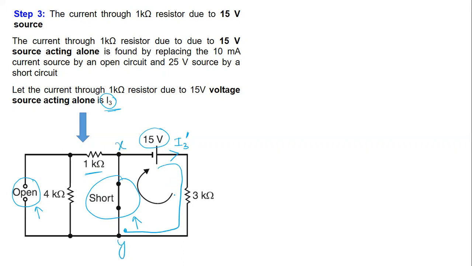When this current reaches junction Y, it will not go in this particular branch. It will go in this branch here, right? Why? Because if you apply the current division rule at junction Y, let us apply it just to understand this mathematically.